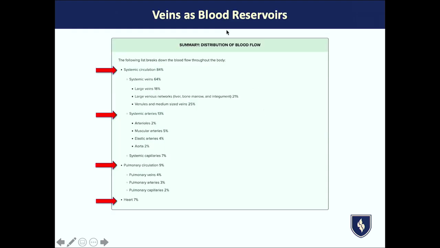Then when you look at the total amounts of blood reserves, we can see that 84% of the blood is in systemic circulation, of which 13% is in the systemic arteries, and 9% in the pulmonary circulation. The heart has 7%. But in the veins themselves, we have 64% of our blood.